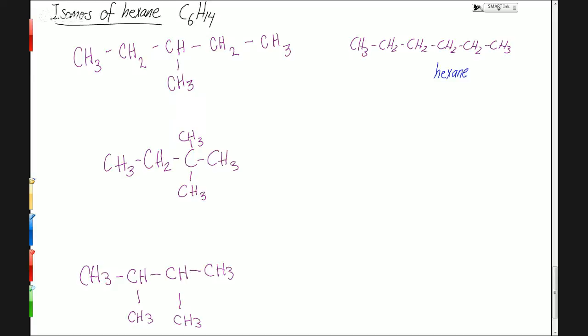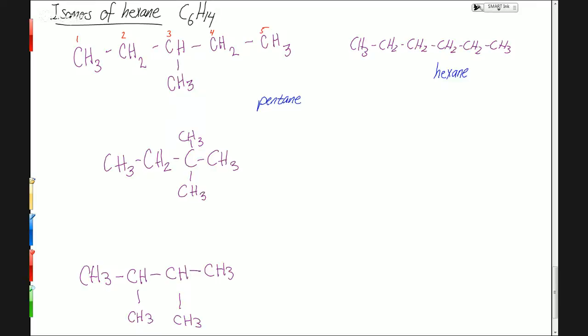What's the longest chain there? 5. Does it matter if we start numbering from the left or the right? No, because that one's in the middle. So we'll just go 1, 2, 3, 4, 5, and that gives us what? Pentane. Right, 5 carbons is pentane.